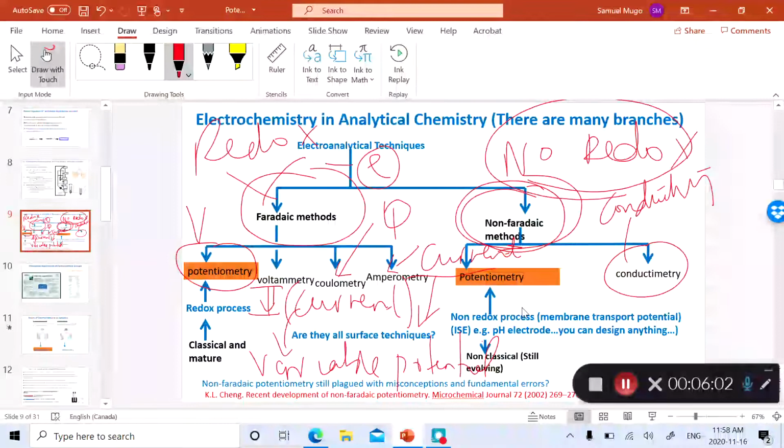And even the theory for the non-classical potentiometry has been borrowed from the classical potentiometry, and sometimes it is not very accurate. And so based on Chang's paper, you're gonna see some of those inaccuracies.